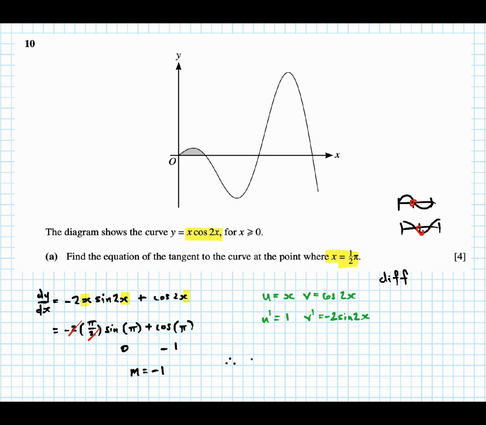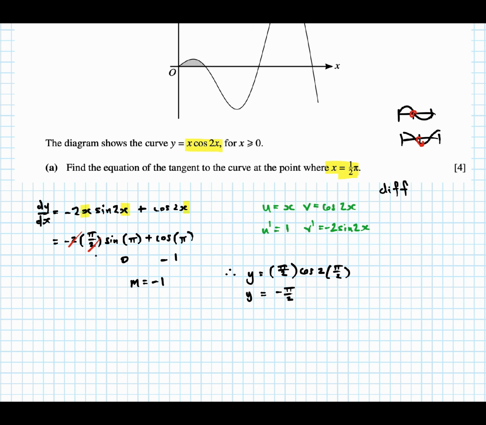There's the product rule there, okay. So finding y. y is equal to pi over 2 cosine pi. So when you plug in the x value, as in 1/2 pi, pi over 2, and that's it, it's minus pi over 2.